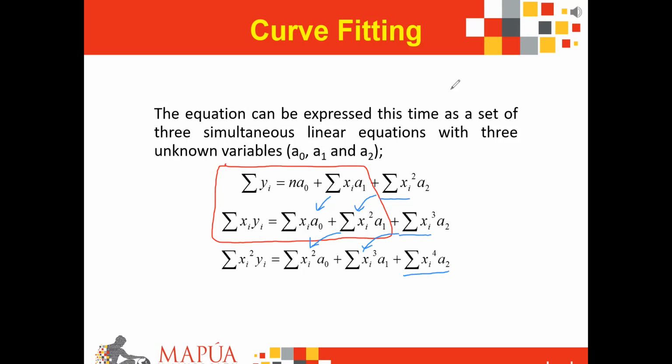Note that there's also an evident pattern on the constants on the left side of your equation. You have the summation yi here, you have the summation xi yi, and here you have the summation xi squared yi. This particular pattern is very important since it would be evident on any particular polynomial regression technique.